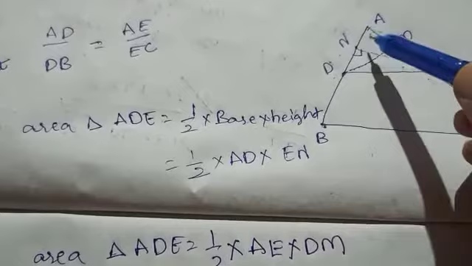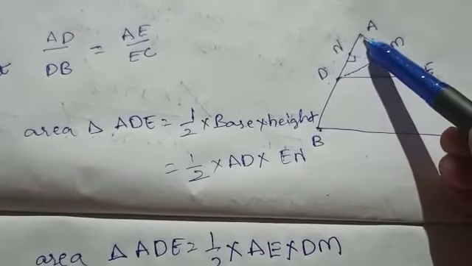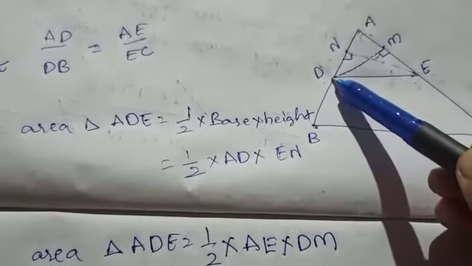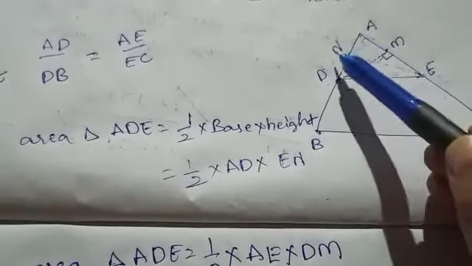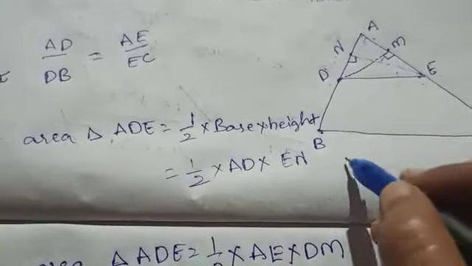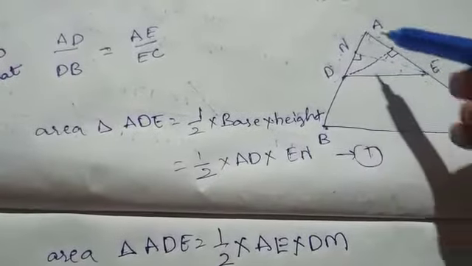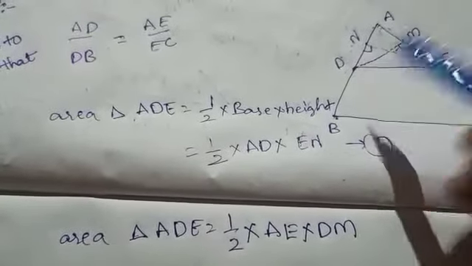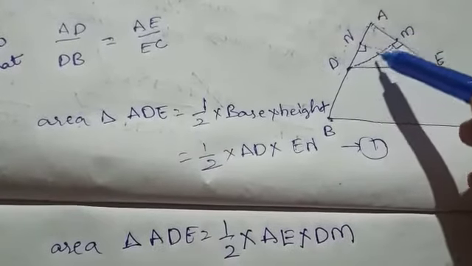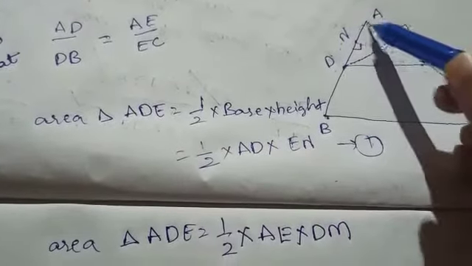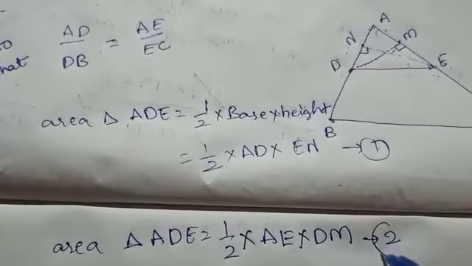Area of the triangle ADE equal to half into base. Base is AD, and height is perpendicular EN. Okay, this is the equation 1. In same way, area of the triangle ADE is half into base AE and perpendicular on AE is DM. Okay, this is the equation 2.